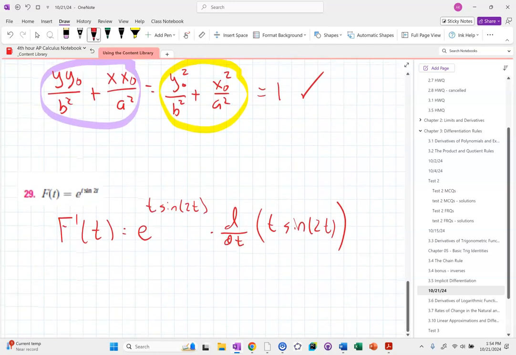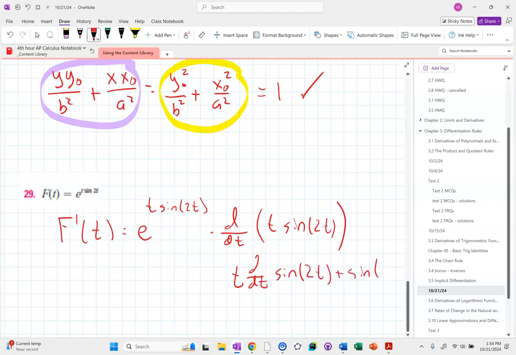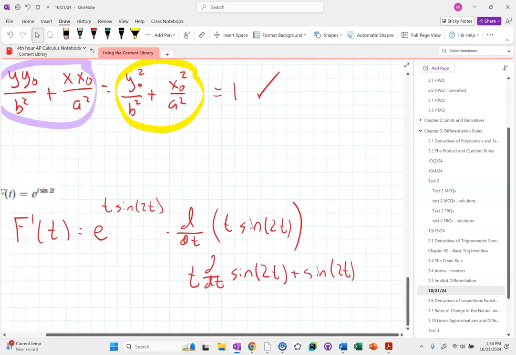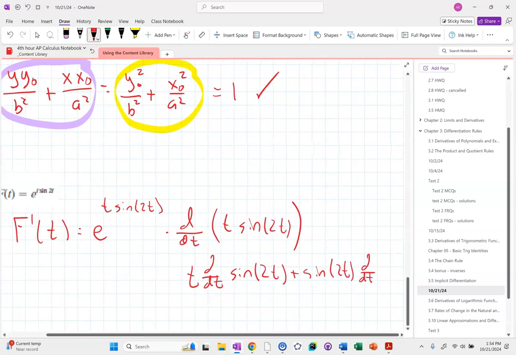To do the derivative of t sine 2t, that's going to be a product rule. So far, so good.